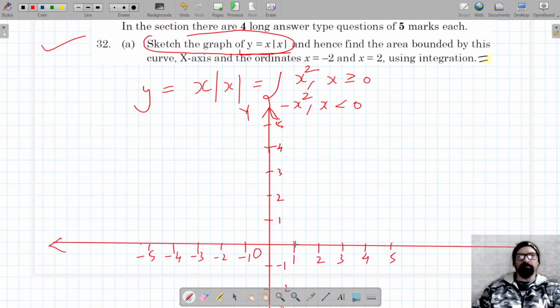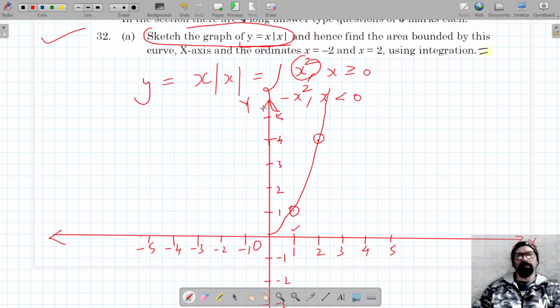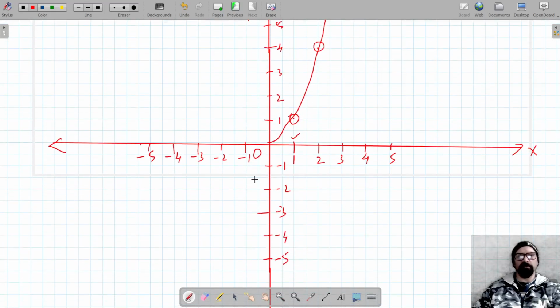So if I put x as 1, which is greater than 0, this will be x squared. So this is our first point, 1 comma 1. If I put 2, which is greater than 0, 2 squared is 4. So this is 4, and this graph goes like this, the freehand curve. Now if it's less than 0, let's say negative 1, this is negative of 1 squared, which is here, negative 1.